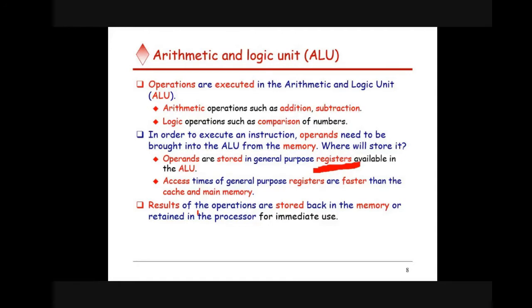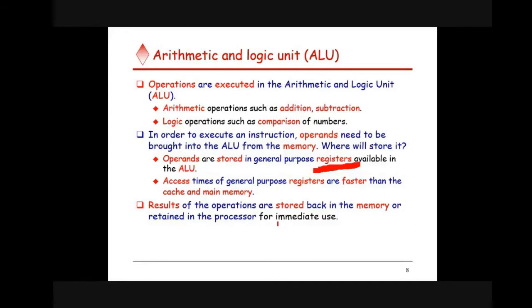Why? Because the output unit has access only to the main memory. So it will write the complete results. The results of operations are stored back to the main memory or retained in the processor for immediate use.